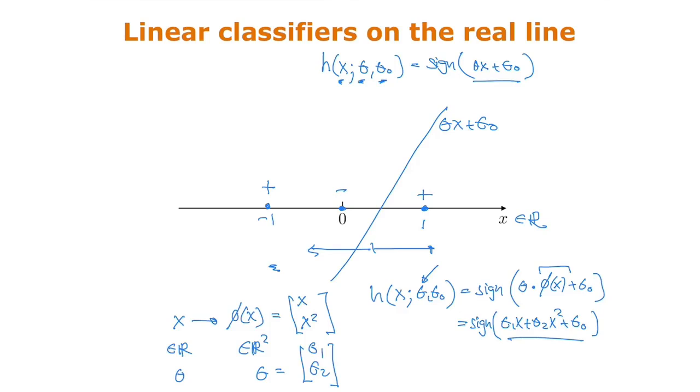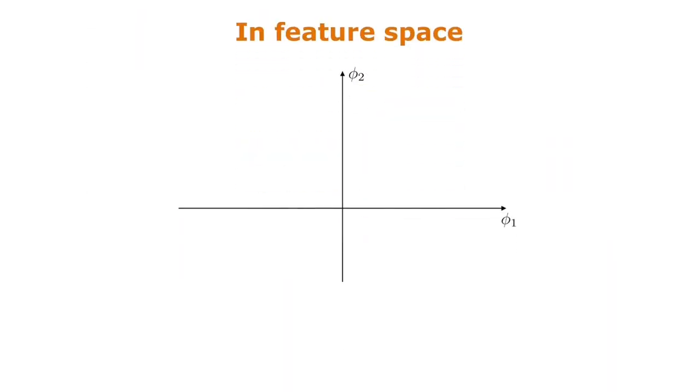Let's look at this now in feature coordinates. So we have two coordinates, phi 1 and phi 2. Remember that phi of x is now x and x squared. So the first coordinate here is the phi 1 coordinate, second coordinate is the phi 2 coordinate. All the examples that we will see, as they are mapped into the feature coordinates, lie on this little parabola.